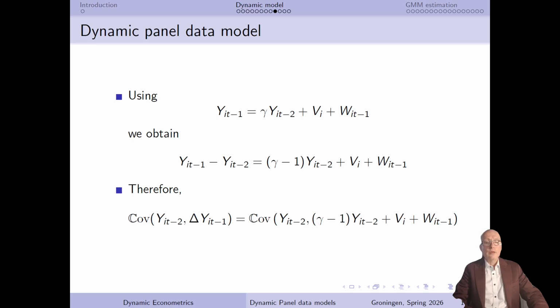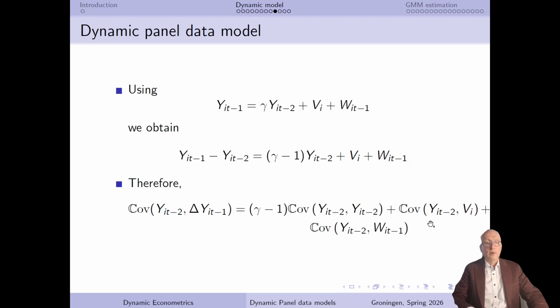Then, using the rules with respect to covariances, we can write this covariance as, first of all, (γ-1) multiplied by the covariance of y_{i,t-2} and y_{i,t-2}, plus the covariance of y_{i,t-2} and v_i, plus the covariance of y_{i,t-2} and w_{i,t-1}, in order to get all these terms that we have over here.